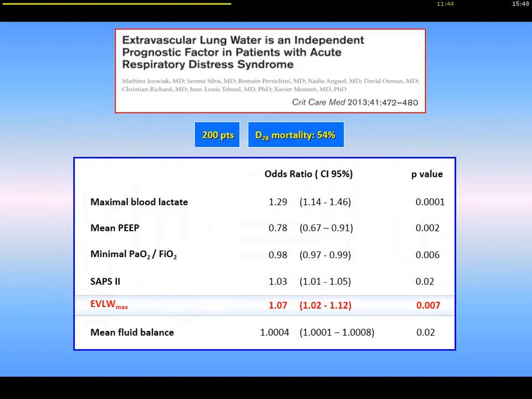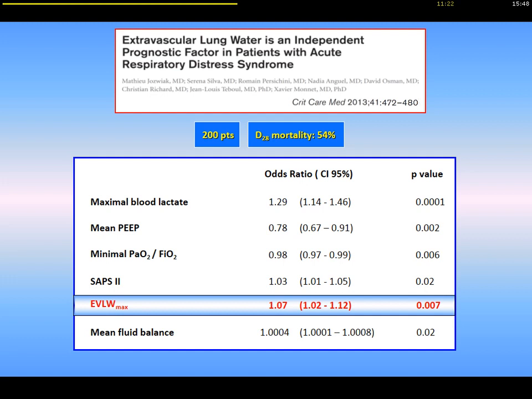And for example, in this study with Mathieu Jozwiak and Xavier Monnet in our unit, we showed that in 2,000 patients with severe ARDS, the maximal value of extravascular lung water during the stay of the patient was an independent predictor of mortality in these patients.